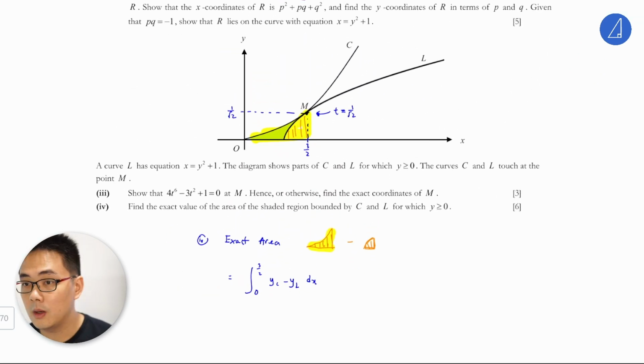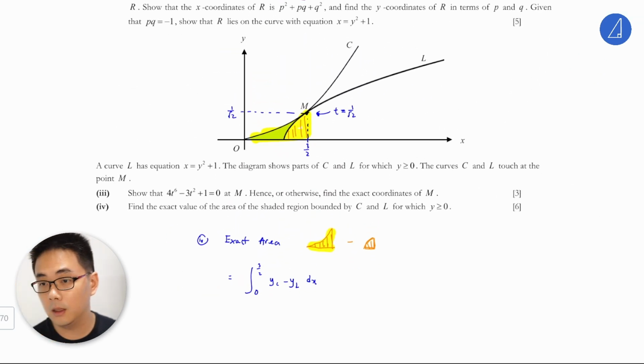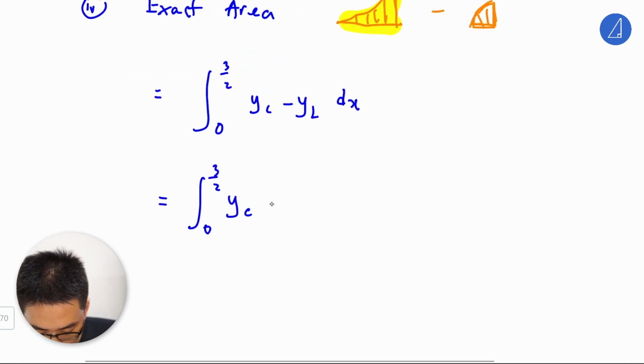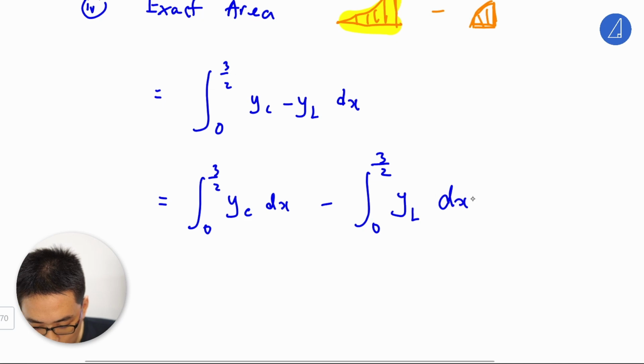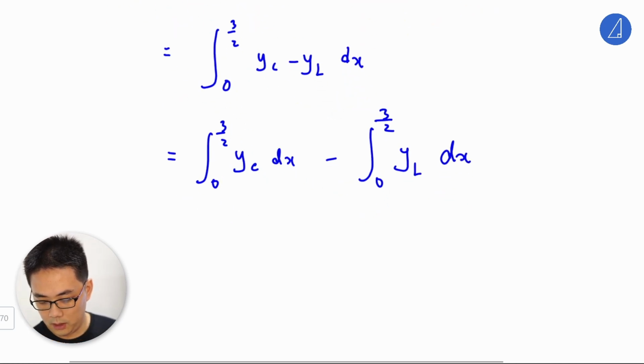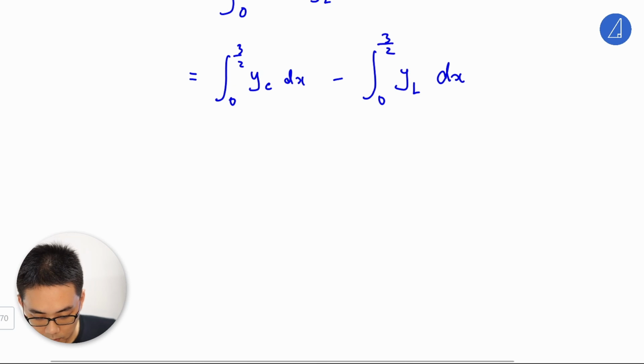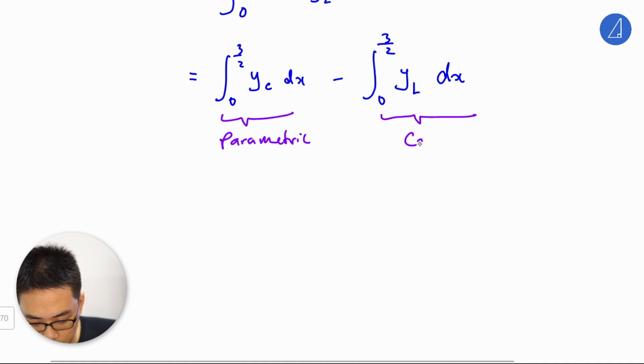Yep. yC is parametric, yL is Cartesian, so split it up. This is Cartesian. Oh, yL side is 1.